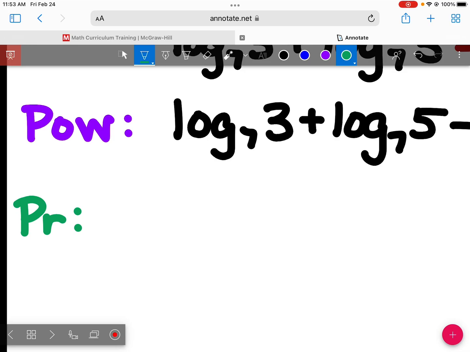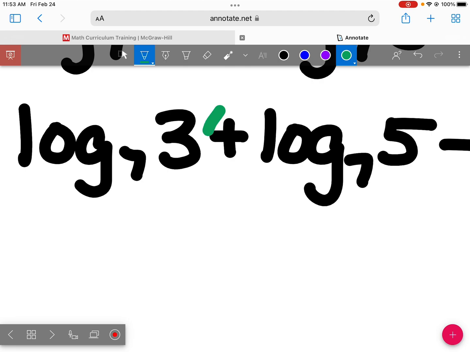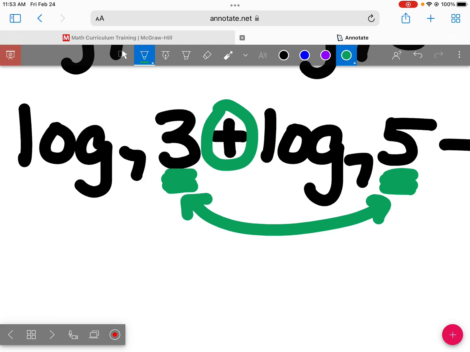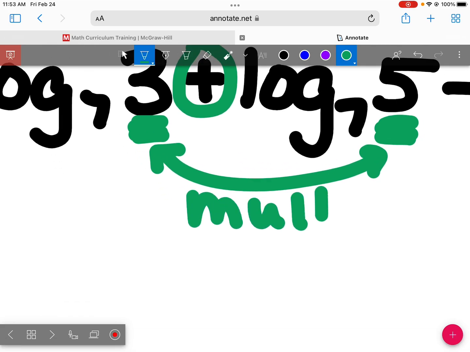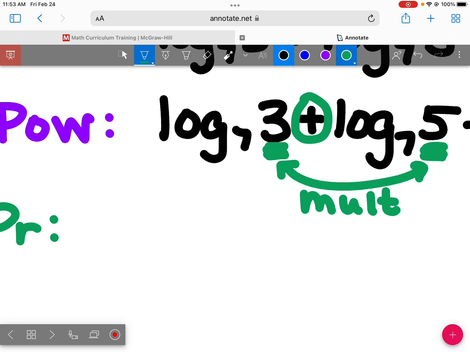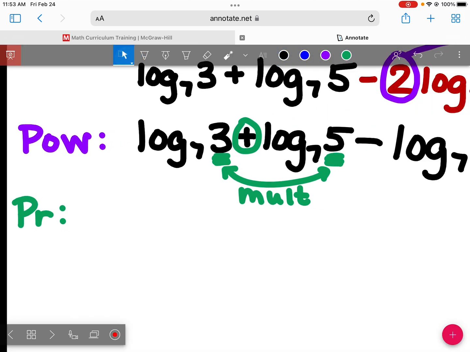How many logs are being added together? 2 logs are being added. What are their arguments? 3 and 5. What do I do with these? Multiply them. So I would have log base 7 of 3 times 5.